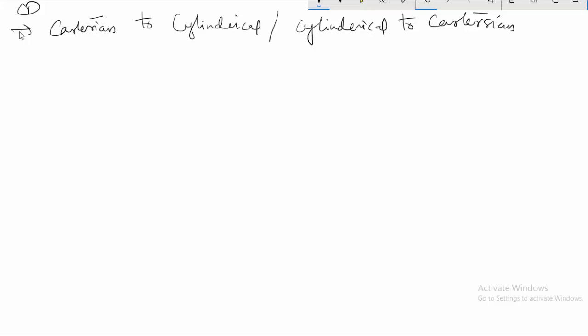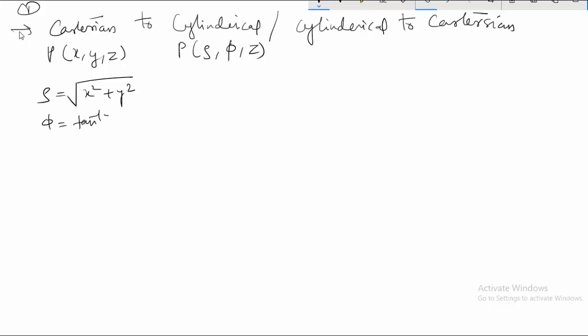So a point, as you know, in the Cartesian will be written by x, y, z, and the point in the cylindrical will be written as rho, phi and z. So the rho in this case will be equal to under root x square plus y square, and the phi in this case will be equal to tan inverse y by x, and z will be equal to z.